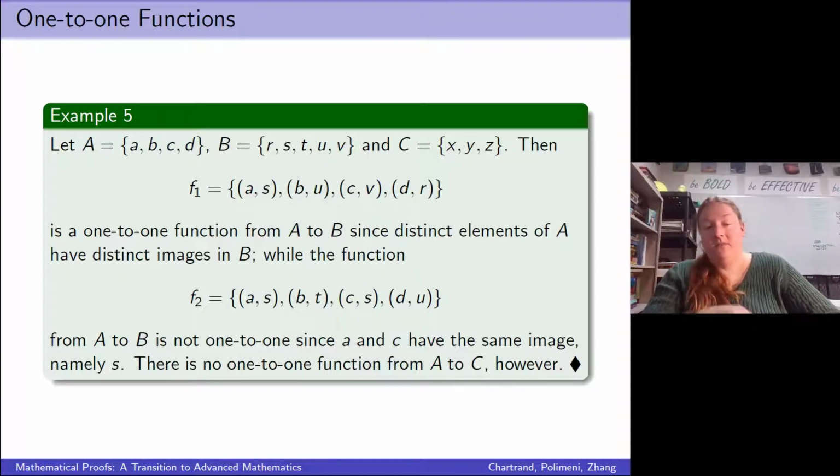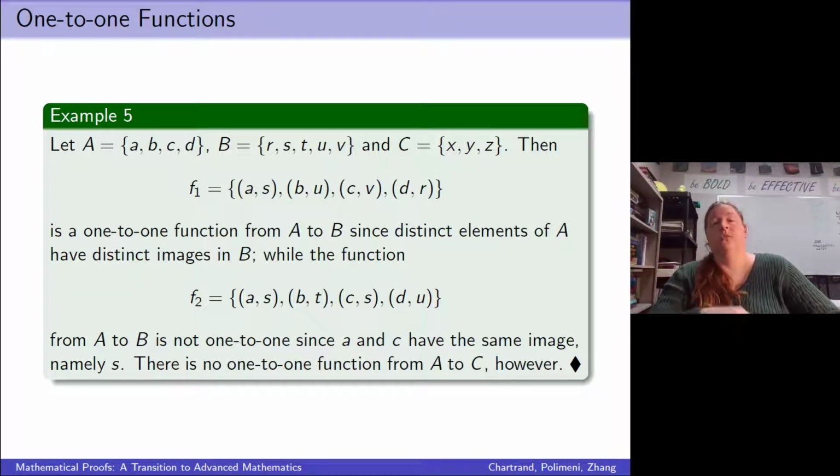Then I have this function f1 that maps a to s, b to u, c to v, and d to r. This is a one-to-one function from A to B since distinct elements of A have distinct images in B.